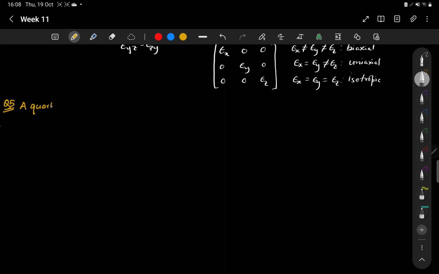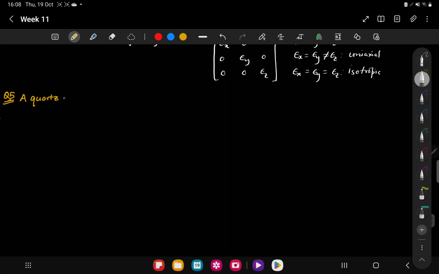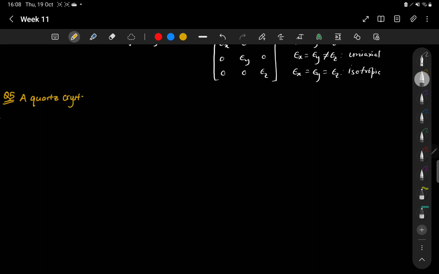A quartz crystal with NO equals 1.54425 and NE equals 1.55336 for wavelength lambda naught equals 5000 angstroms.